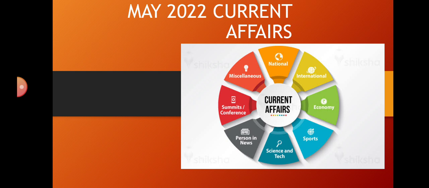Next, World Press Freedom Index 2022, released by Reporters Without Borders, a non-profit organization. The index highlights the degree of freedom that journalists, news organizations, and netizens have in each country, and governments' efforts to respect such freedom.